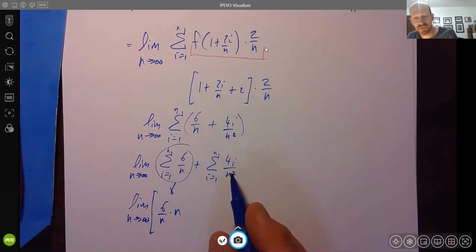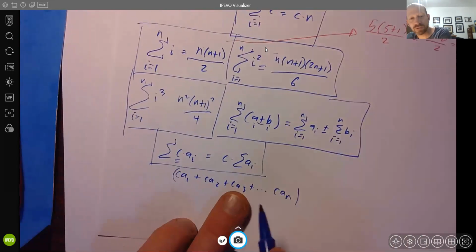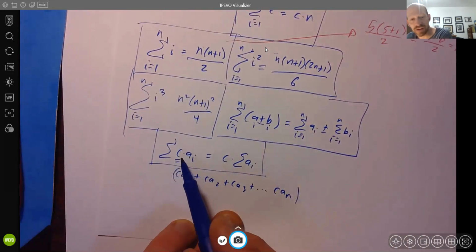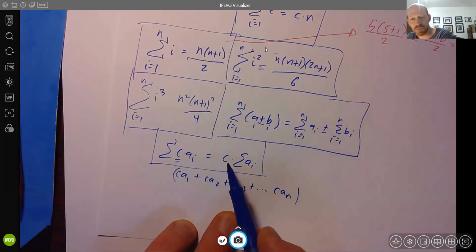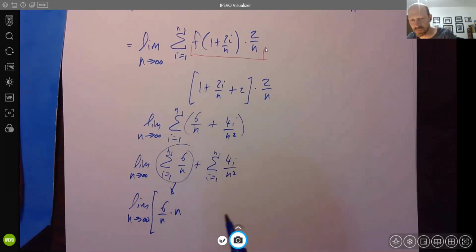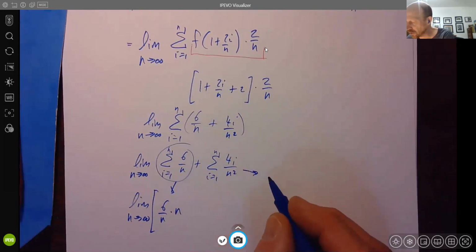Here what I have, this 4 over n squared is also a constant, but it's multiplied by i, and i is changing. So what I really have in that situation is a constant times something that's changing, so I can pull the constant out in front. So let me just take a second here and rewrite this.